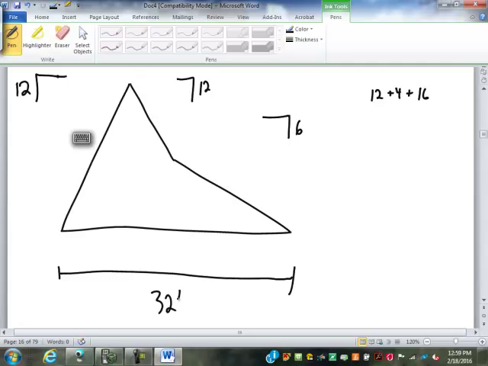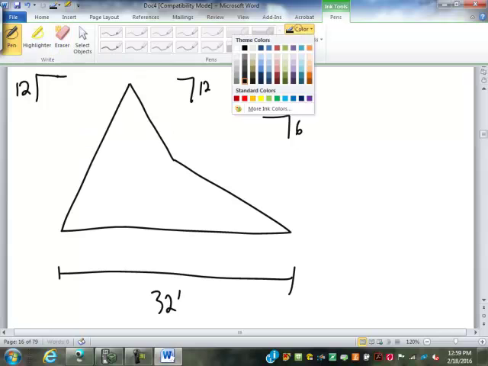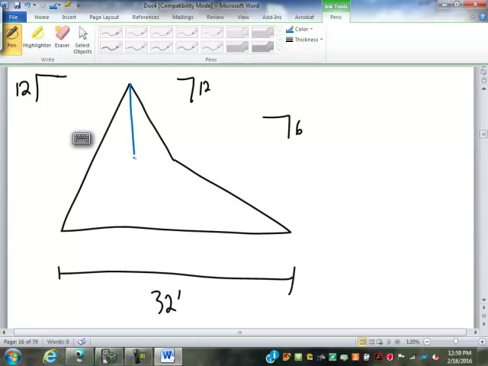And a 32-foot span. Is it possible to find H, X, Y, and Z?